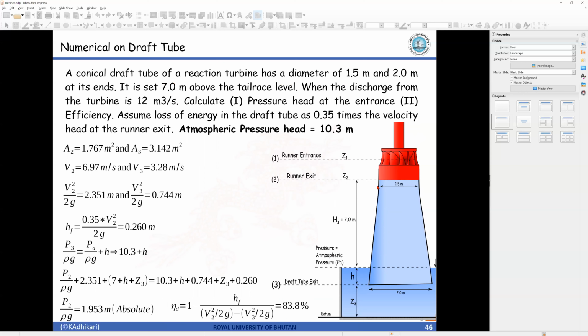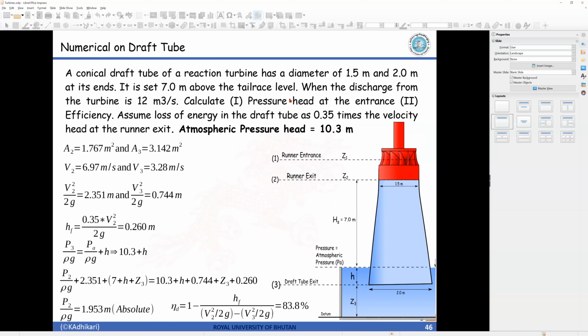So from this to this is 7.5 meter. When the discharge from the turbine is 12 meter cube per second, calculate the pressure head at the entrance and the efficiency. Assume loss of energy in the draft tube as 0.35 times the velocity head at the runner exit. Atmospheric pressure head is equal to 10.3 meters.